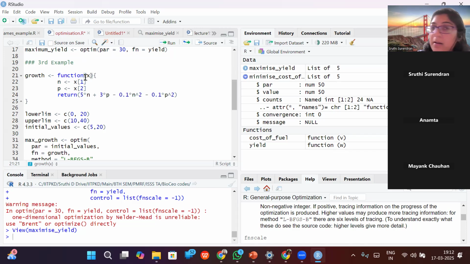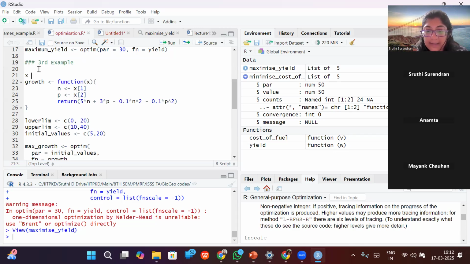We name an argument called x where the first value is going to be n and the second value is going to be p. So again, it is a vector.